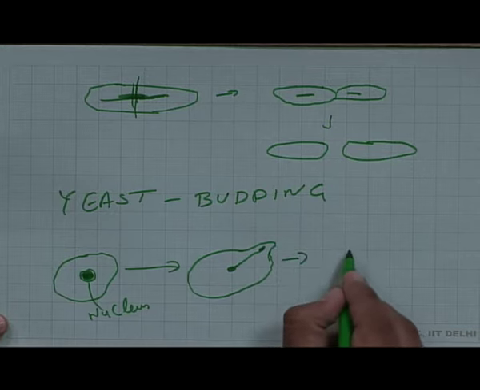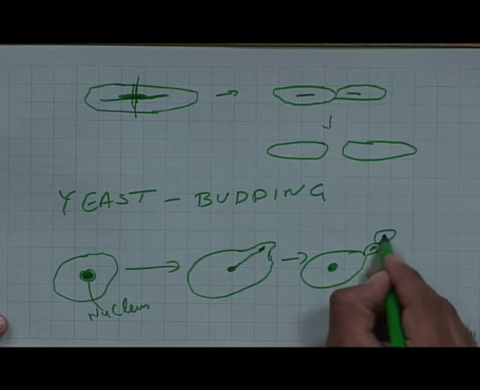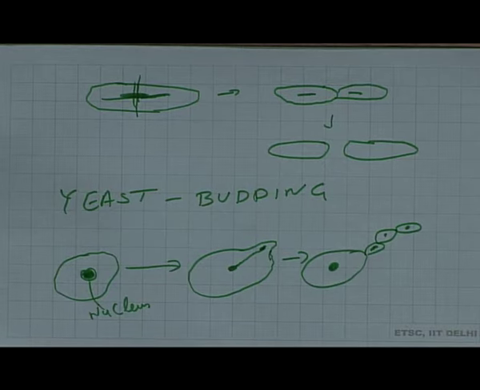Then basically you will have the mother cell here and a daughter cell over here, and then eventually it becomes bigger like this, okay. So, this is the budding process in yeast.